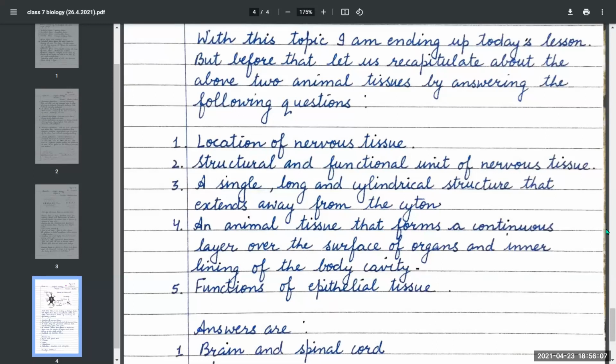Number 1, location of nervous tissue. 2, structural and functional unit of nervous tissue. 3, a single long and cylindrical structure that extends away from the cyton. 4, an animal tissue that forms a continuous layer over the surface of organs and inner lining of the body cavity. 5, functions of epithelial tissue.